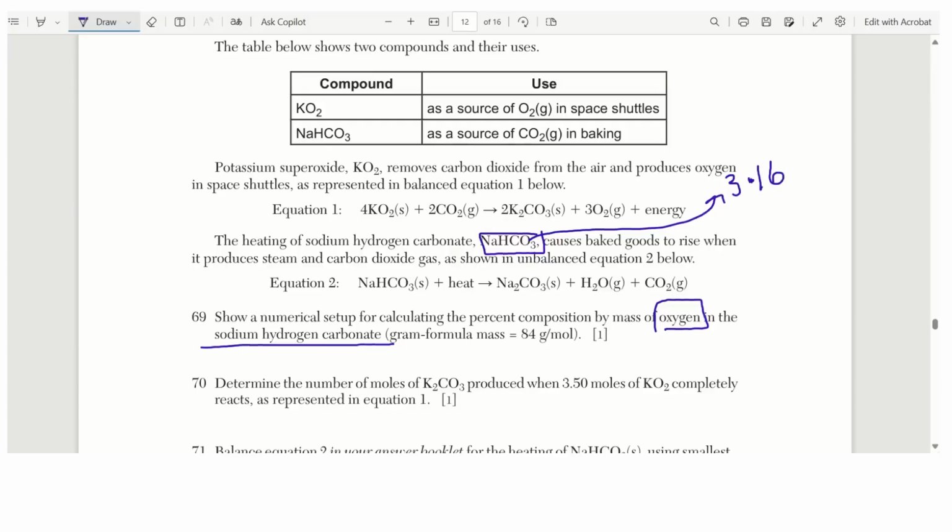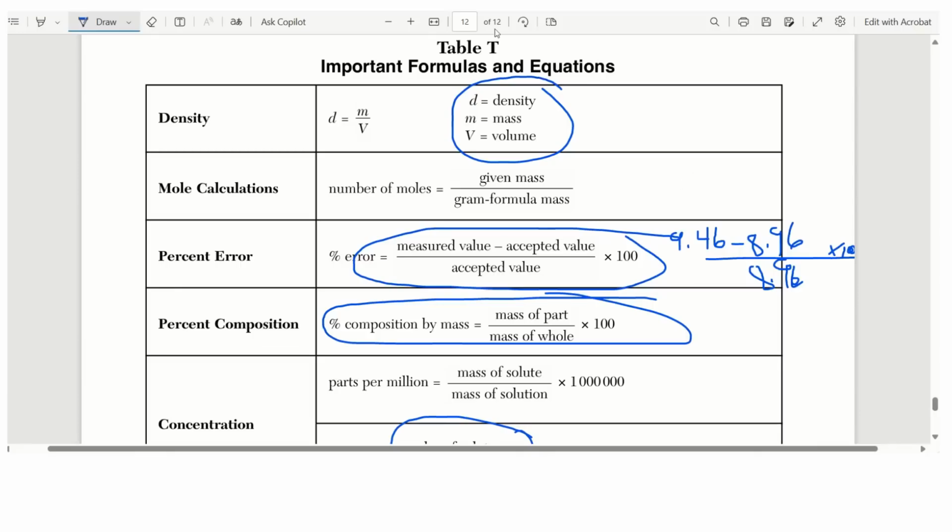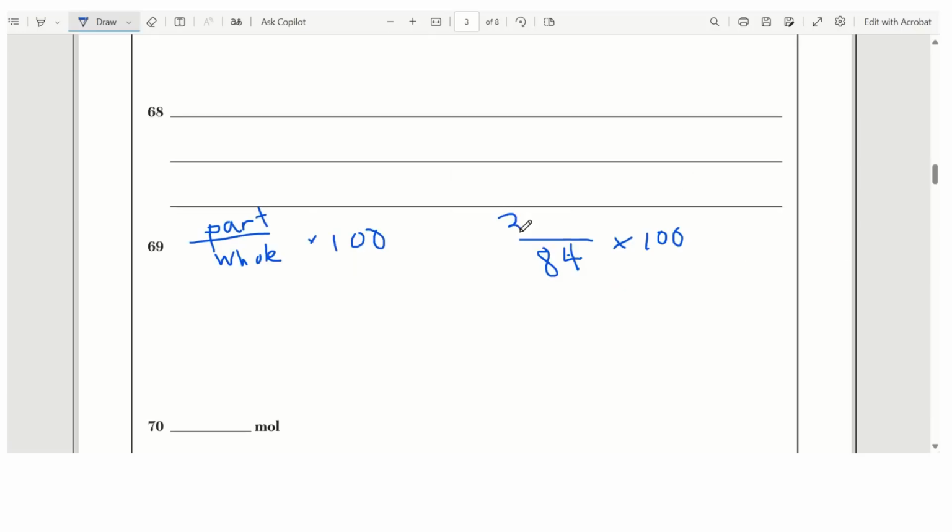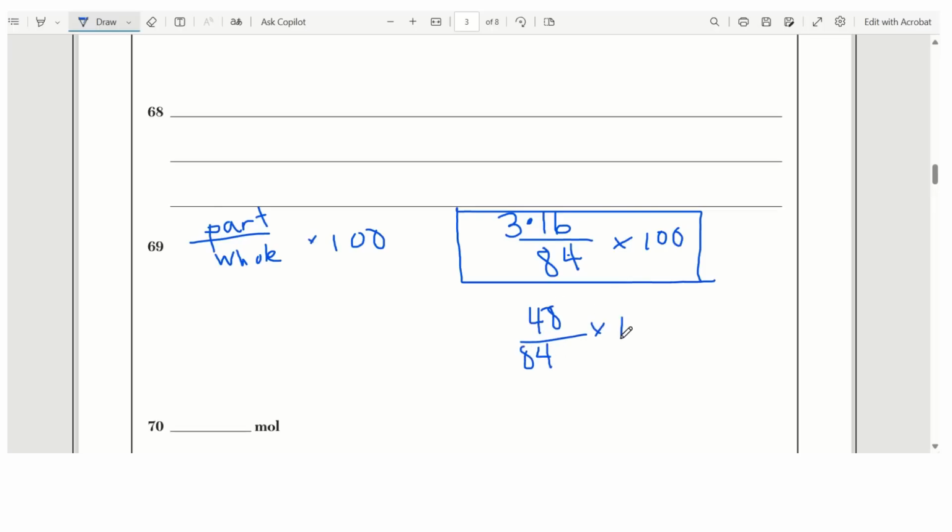So the total mass for the oxygen piece is 3 times 16. Now I can be done. I can leave it just like this because it just asked me to show a numerical setup. Don't do any of the math because if you make a mistake, potentially you could lose points. I could leave it as 48 over 84 times 100, but I don't have to. This is good enough. This is also correct. Okay.